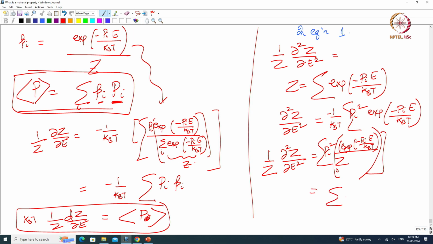So that is P_i square, the polarization square, times the probability that the system exists in state P_i. So this is nothing but the average value of P_i square. The k_B T also comes out, so k_B T times 1 by Z dou square Z by dou E square.